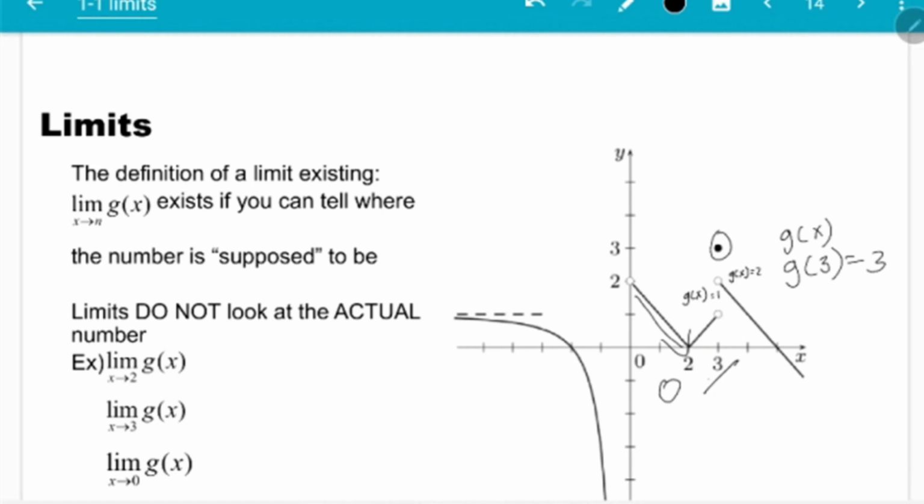As I'm getting closer and closer to 2 from this side, I'm getting closer and closer to 0. So what is my limit going to be? My answer is 0. My limit is approaching 0. That's the number I'm heading to.